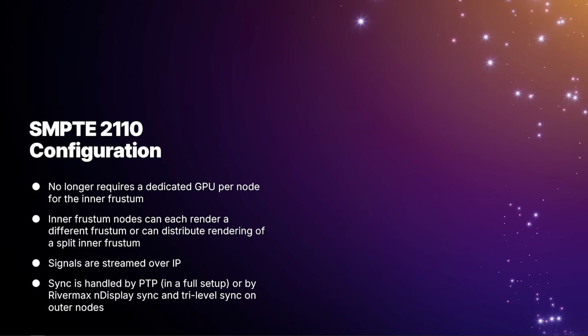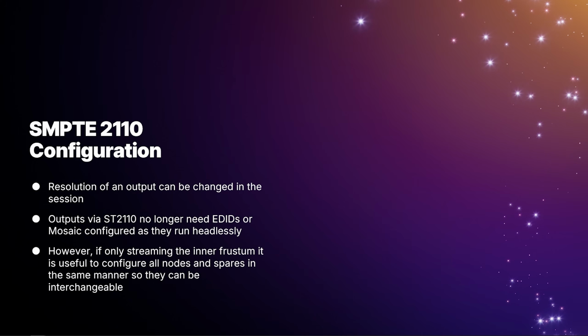You also needed to have EDID set for all of your outputs, and configure Mosaic. With SMPTE, you don't really need that. Everything is running headless if it's sending a SMPTE network signal, so you don't have to do that process anymore.